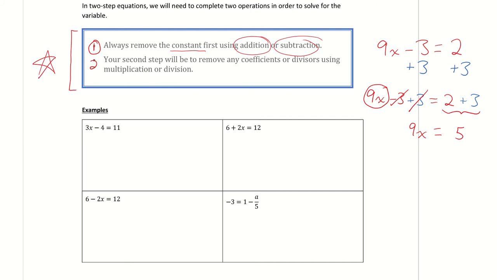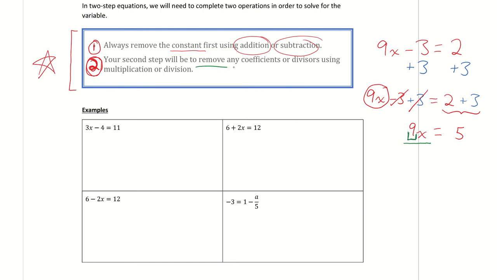The second step, after we remove the constant, is to remove any coefficients or divisors using multiplication or division. So again, we can look at our variable term here. Here's our variable term, and this is the coefficient of our variable term.